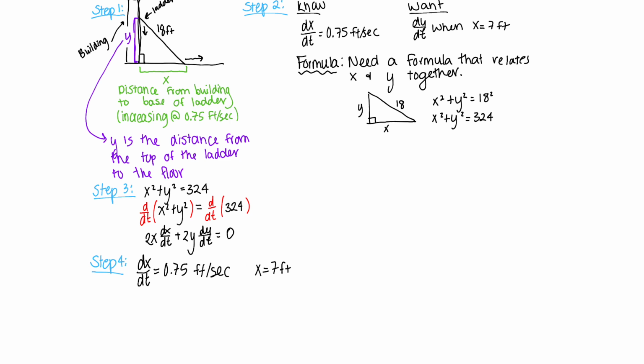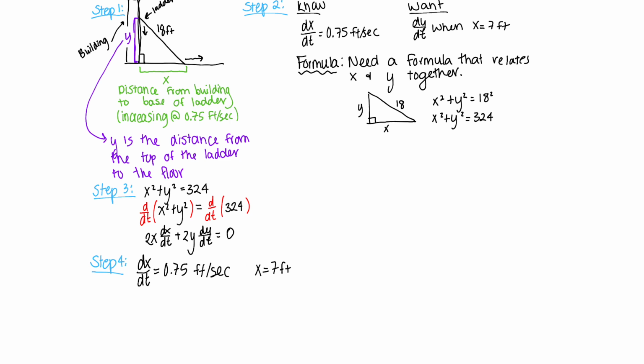But that's not going to leave us with enough stuff, right? So I need to fill in dx dt, and I'm trying to find dy dt. But if I fill in x and dx dt, that's going to leave me with a y and a dy dt. So we need to be able to plug in y in order for us to find dy dt. We need everything except dy dt in order to find dy dt.